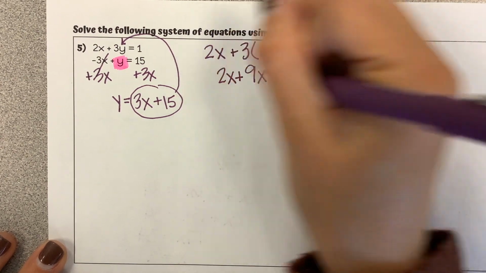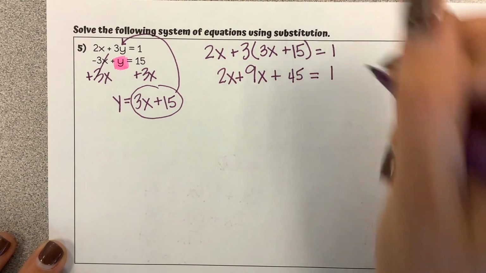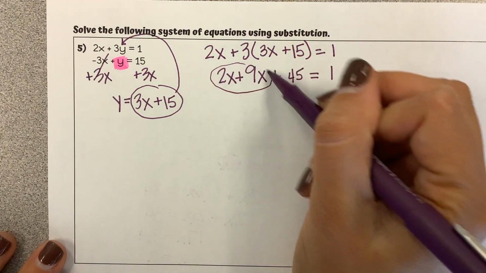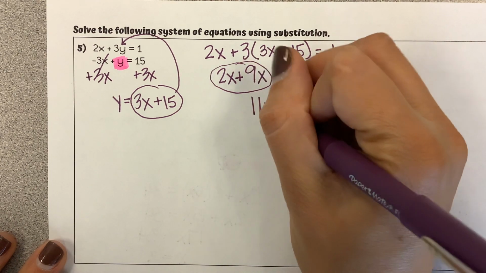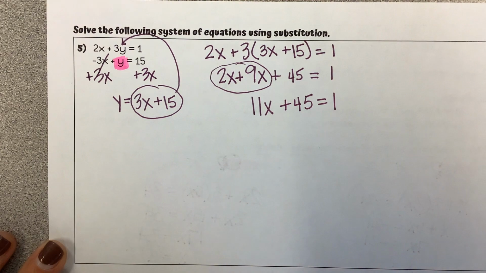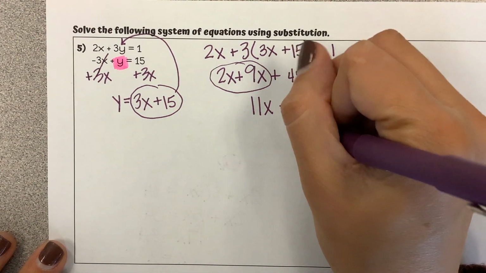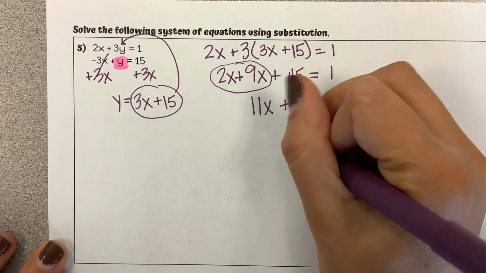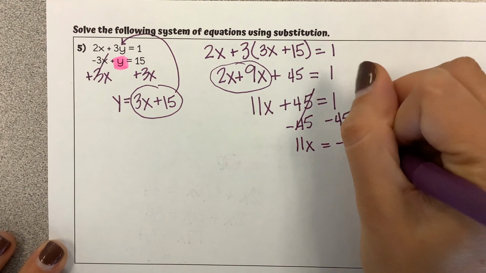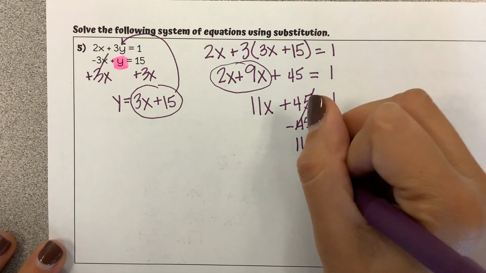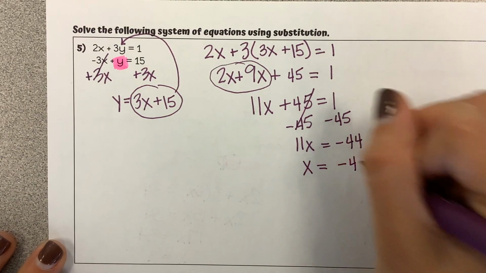Bring down our 2x, bring down our equals, bring down our 1. Next thing I'm simplifying, 2x and 9x makes 11x plus 45 equals 1. Get rid of 45 by subtracting from both sides, and we get 11x equals negative 44. When we divide that by 11, we get x equals negative 4.